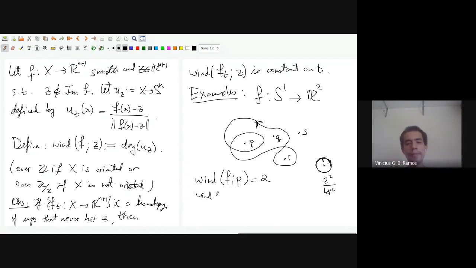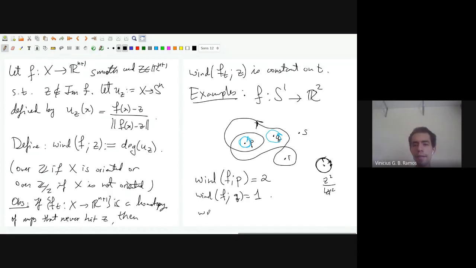Then the winding number of f with respect to Q: this is the one going twice, but now you can homotope this path to a map that just goes around once. So the winding number of f with respect to Q is 1.